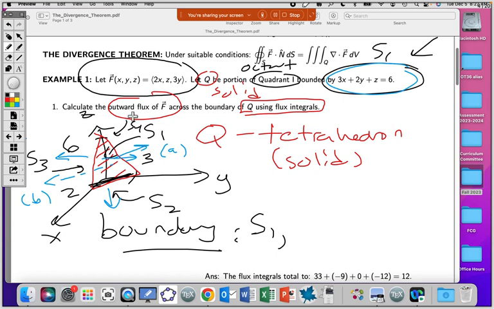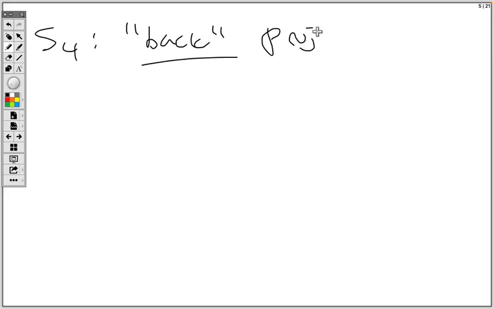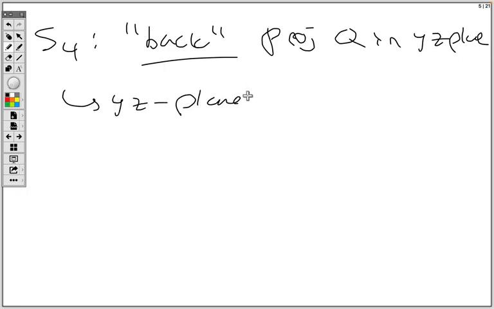So S4 is now the back of Q. So it's the projection of Q into the YZ plane, aka x equals 0.